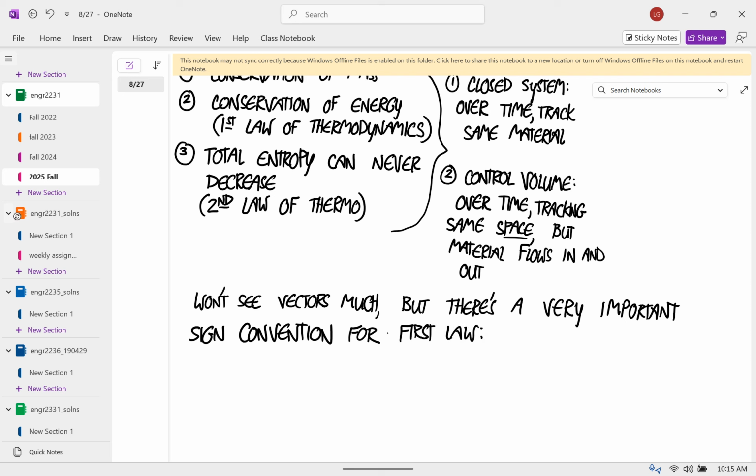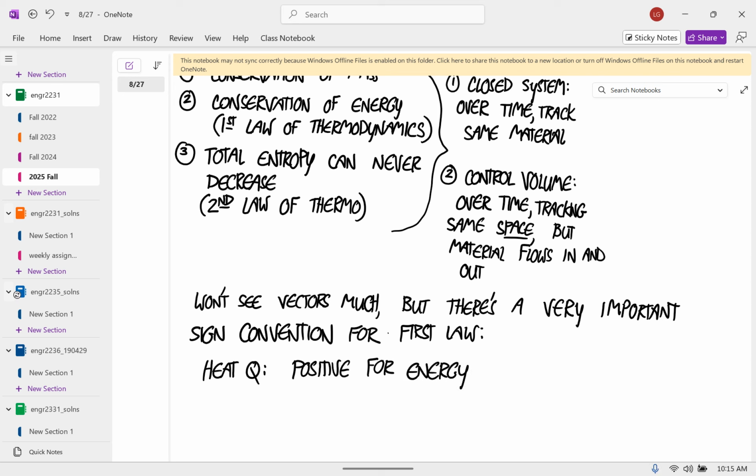And that is when we talk about heat transfer. This variable Q is always going to be positive for energy that's added to our chosen system.